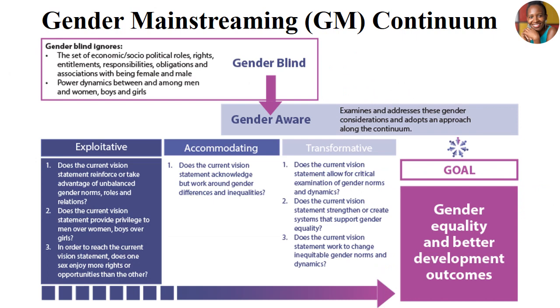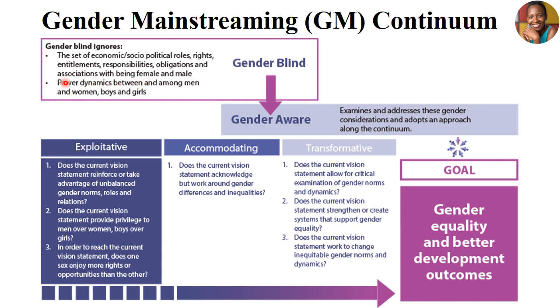So this is simply the journey of how the gender mainstreaming continuum moves, where we start at gender blindness. At gender blind, we ignore the different economic, social, and political roles, rights, entitlements, responsibilities, obligations, and associations that come with being men or women.